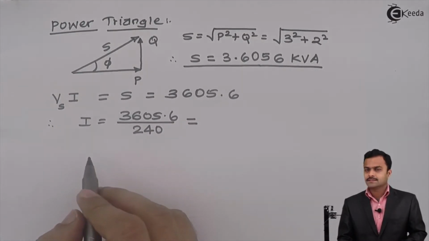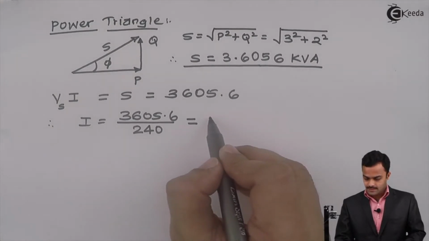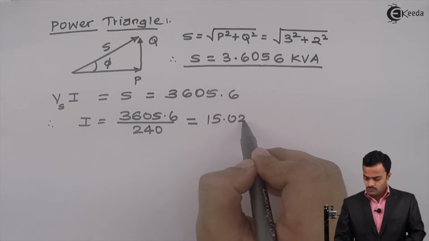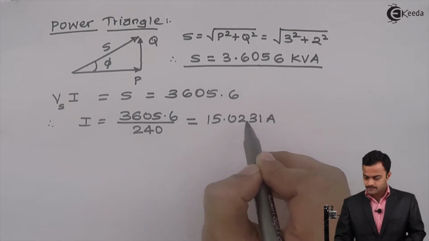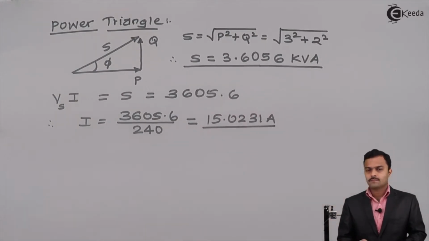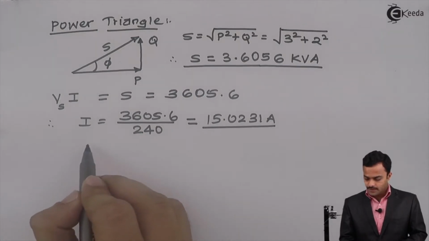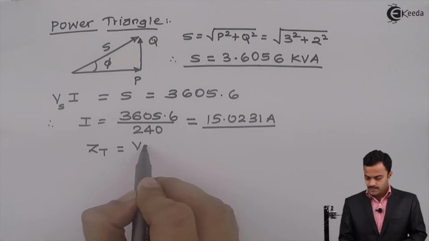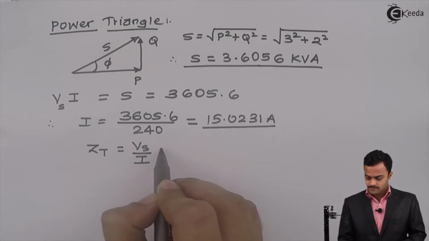So after solving this, you will get current as 15.0231 ampere. Once we know current, voltage is already given as 240 volt, I can obtain total impedance of the circuit. It is Vs divided by I.